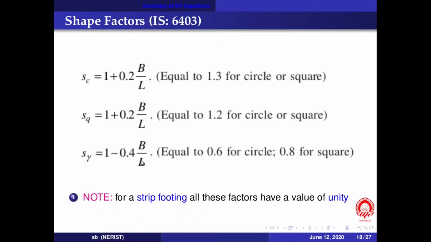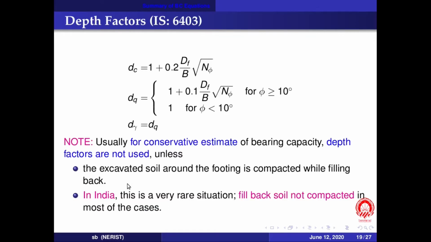and these are the shape factors, values of shape factors. And if we have a strip footing, you remember that all these shape factors are 1 or unity, and these are our depth factors.